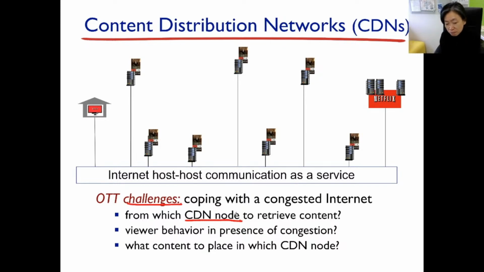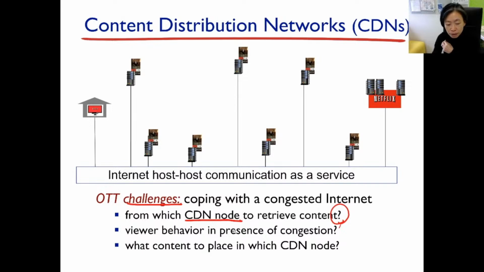But how do you know a shorter delay one is certainly the one that uses the shortest segment to travel? Maybe you want to use a combination of short segment and short delay. So exactly how you design the selection of the CDN node, that selection algorithm, is something to be investigated.